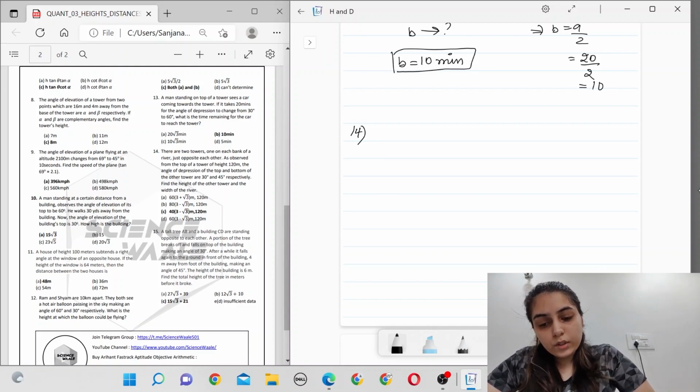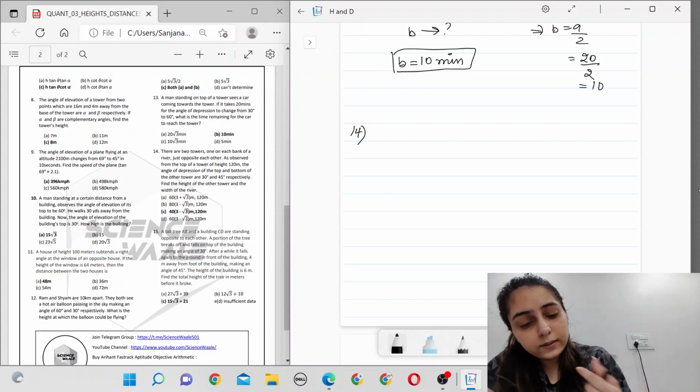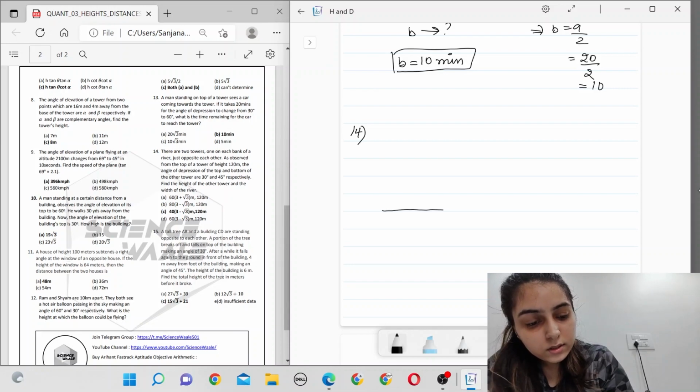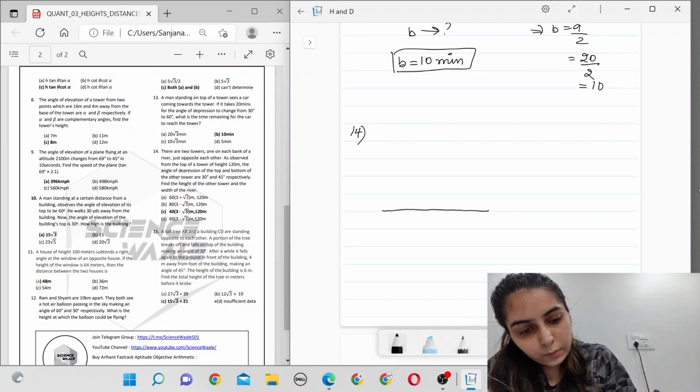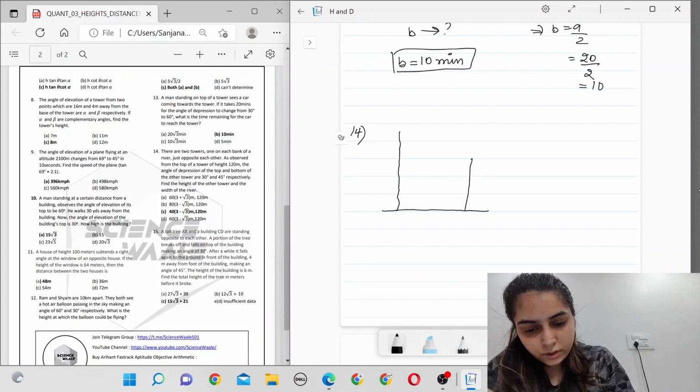There are 2 towers, one on each bank of a river, just opposite to each other. As observed from the top of a tower of height 120 meters, the angle of depression of the top and bottom of the other tower are 30 and 45 degrees respectively. Find the height of the other tower and the width of the river. So here they have given us that there are 2 towers on the bank of the river which are standing opposite to each other.